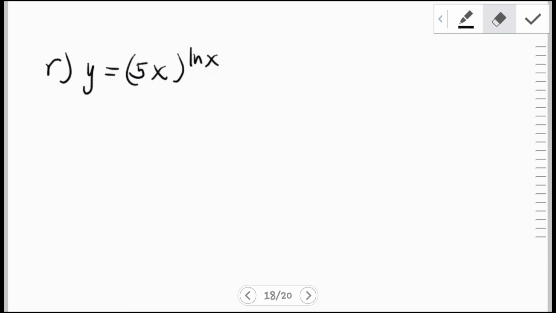So next problem. What is the first derivative of y is equal to the quantity 5x to the power ln x? We can rewrite it in terms of applying the logarithm properties: e to the power ln 5x, then raised to the ln x.